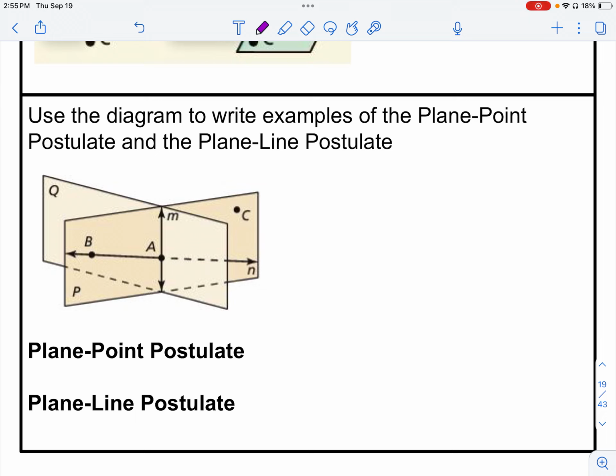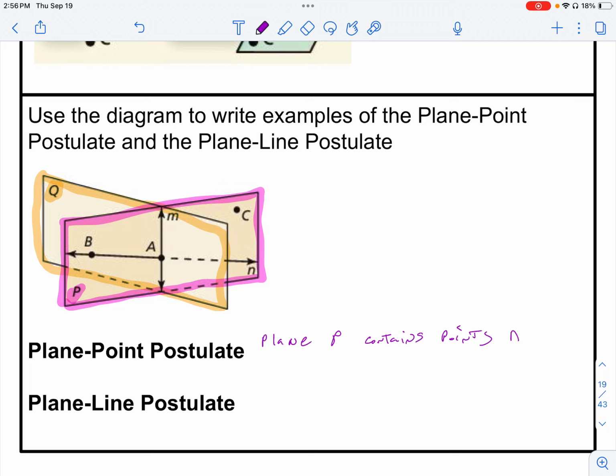Well, for the plane-point postulate, here this is plane Q, and then here we have plane P. So plane P contains points A, B, and C.